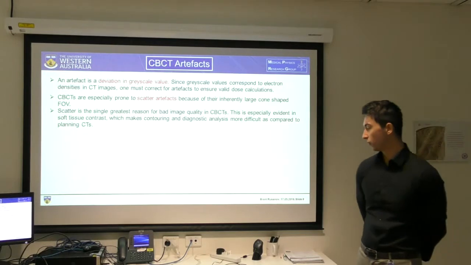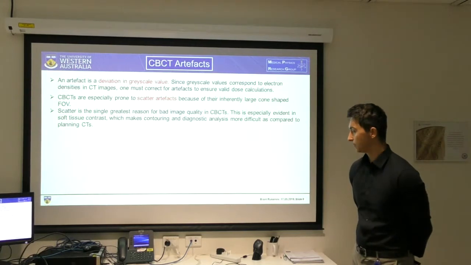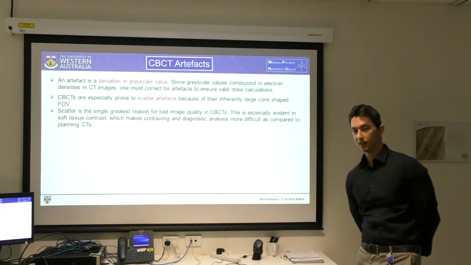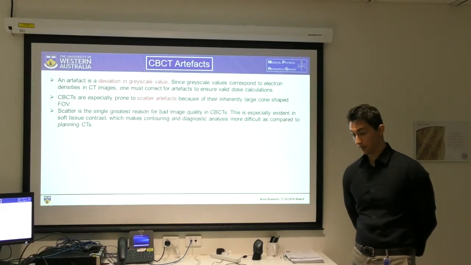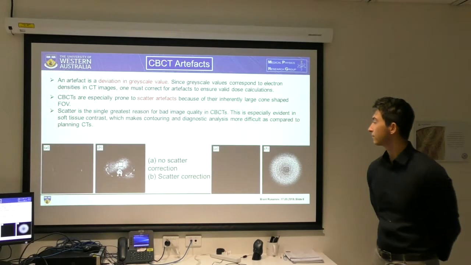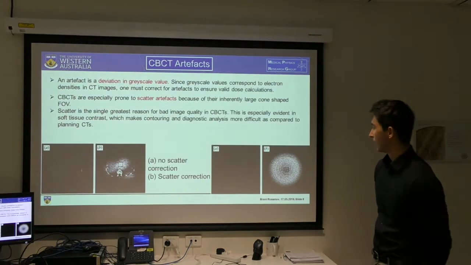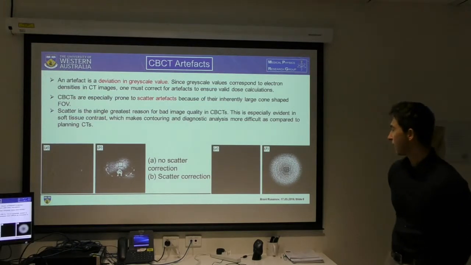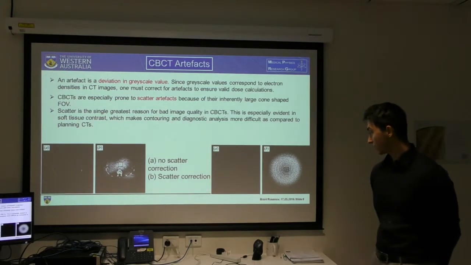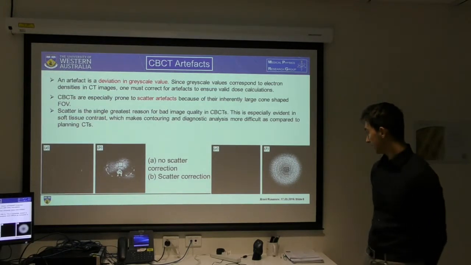Currently they are mainly used for IGRT applications, which is just aligning the patient and the table such that the beam hits the target. And here, unfortunately, you can't see these images very well. These images are meant to highlight what scatter correction actually does to a CBCT image.